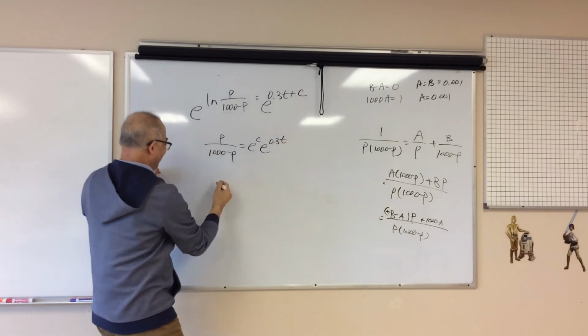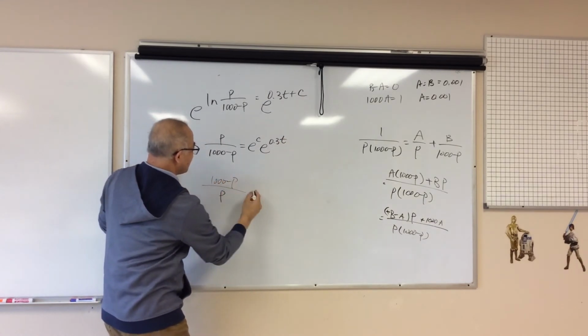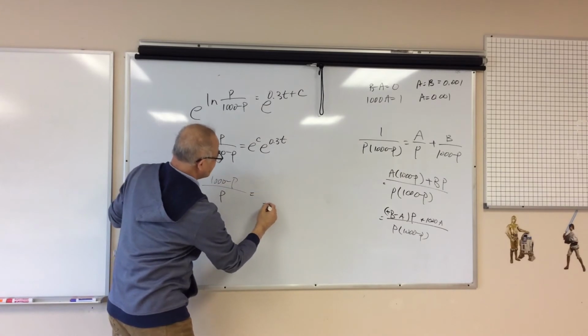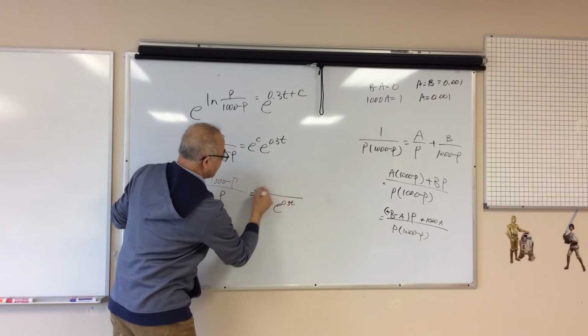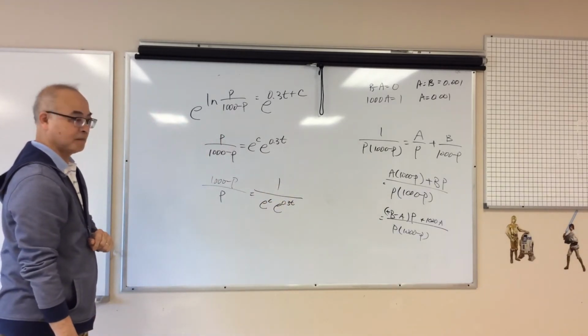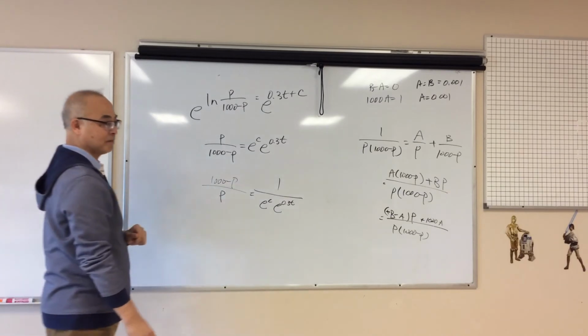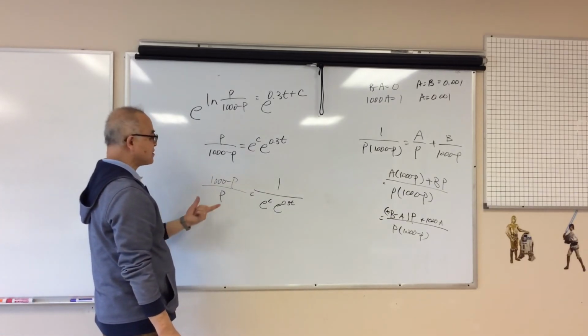P over 1,000 minus P is equal to E to the C, E to the 0.03 T over 1. Well, we can just move it over.